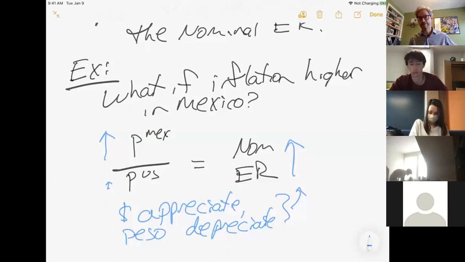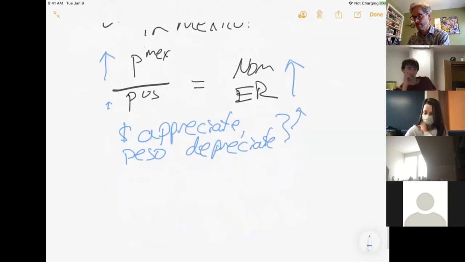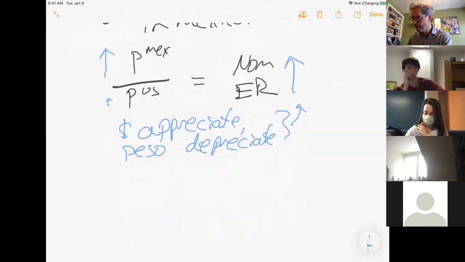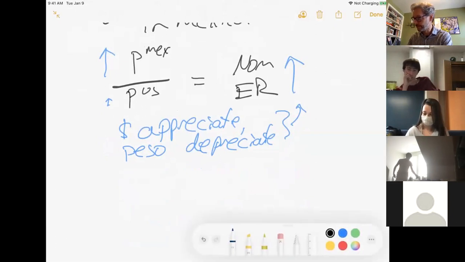That's the big thing that determines exchange rates. That's the big thing, differences in inflation. So in other words, when we see a country whose currency tends to appreciate against other countries, what does that mean? It's a low inflation country.